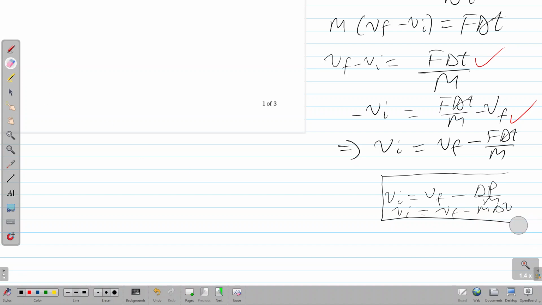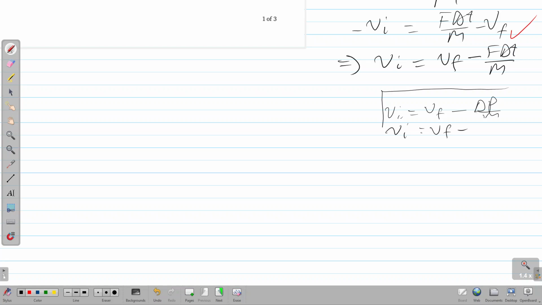Let me erase this again here. Sorry, I need space. So this is saying that v initial is v final minus, let's put the m here, m delta v over m.